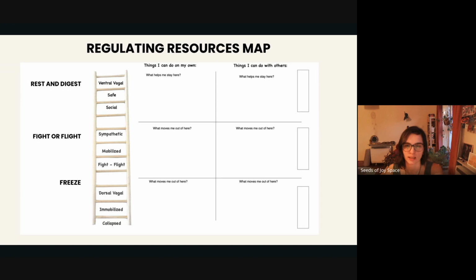What we will be looking at is starting from freeze again. We will look at what moves you out of freeze, on your own, and also what you can do with others that will move you out of there.